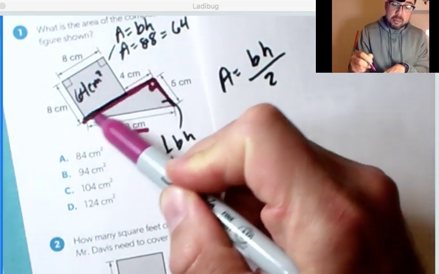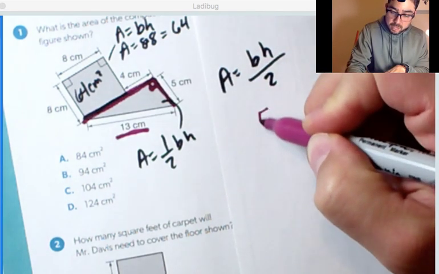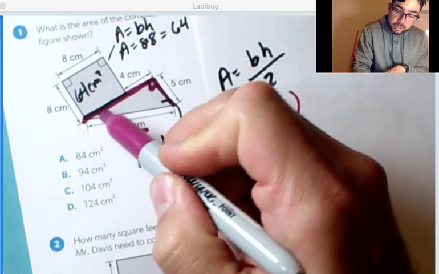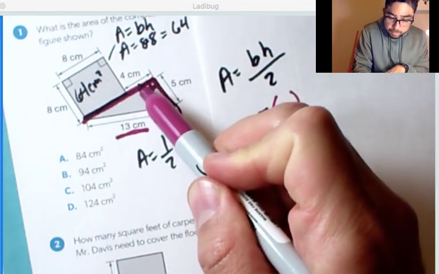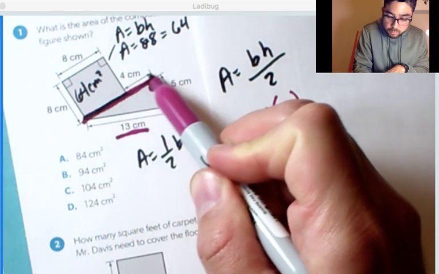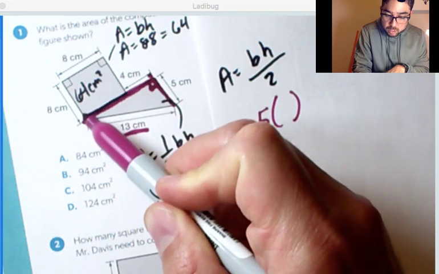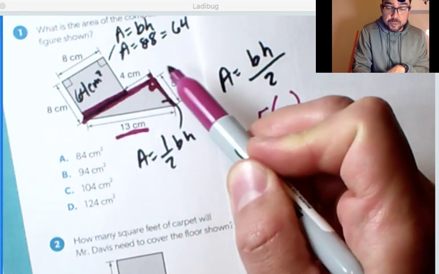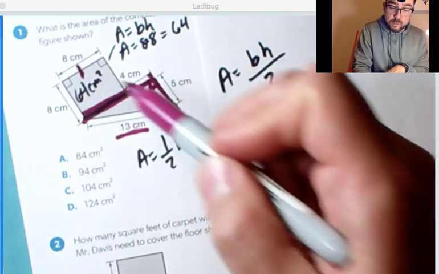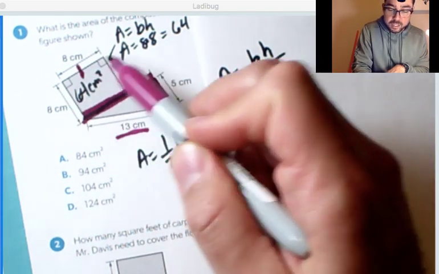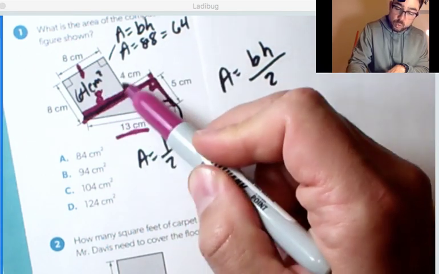Now, here's the only problem. They gave us the base, so we know that the base is 5. How do we know this height right here? A lot of you guys automatically said 4, but 4 centimeters is only from this part of the height to that part of the height. We need to include the rest of this height right here, which is the opposite side of this square. We know that squares have 4 congruent sides, so if this side is 8, this side is also 8 centimeters. So 8 plus 4 is 12.